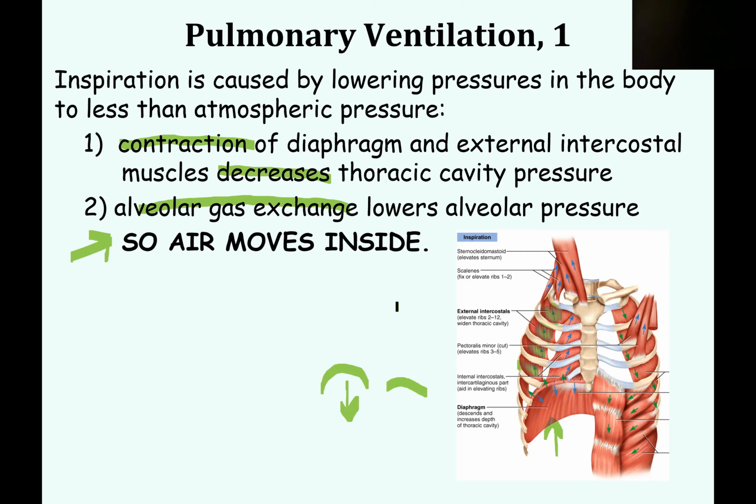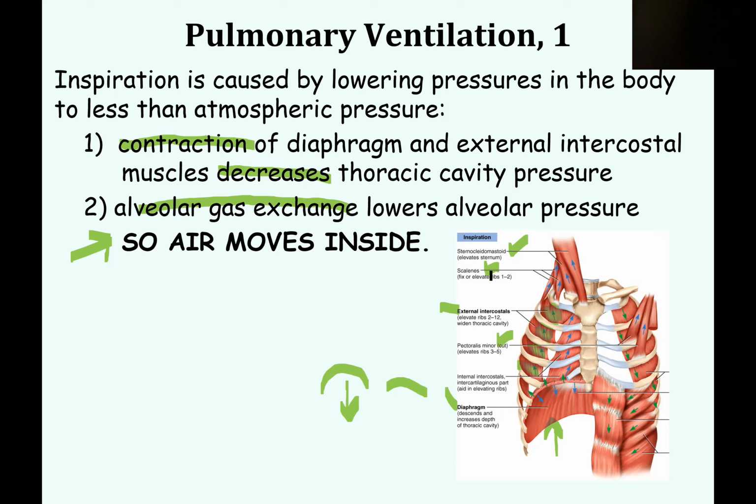In addition to the diaphragm and the external intercostal muscles contracting more forcefully, you can also get some assistance from the sternocleidomastoid, the scalenes, and the pectoralis minor to help with forced inspiration.